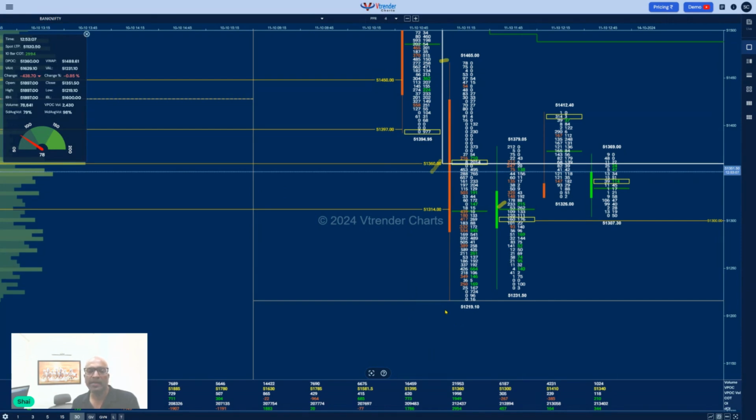So in order flow, we are adding data to a chart. We are adding information to a chart, and trying to find out what happened between the high and the low of the bar, or between the open and the close of the bar.